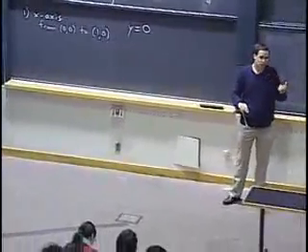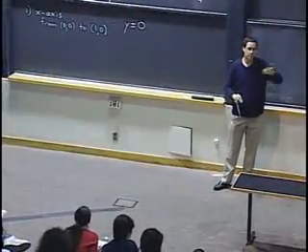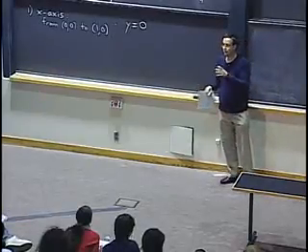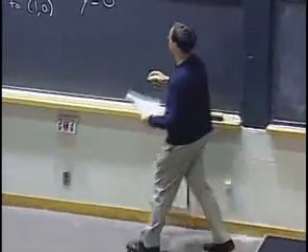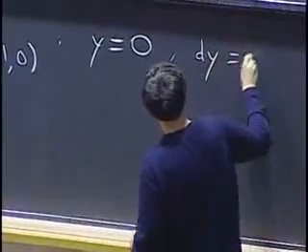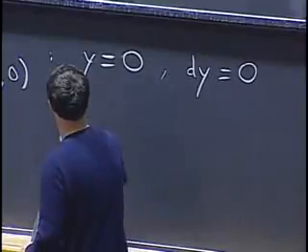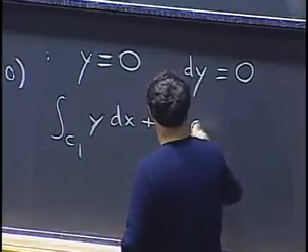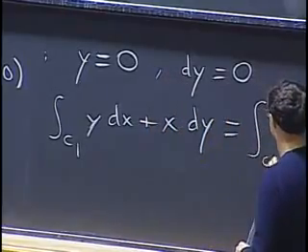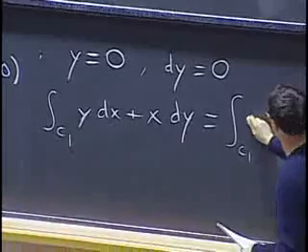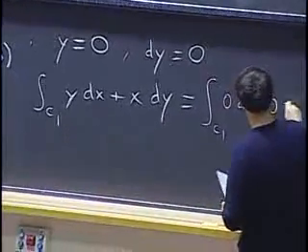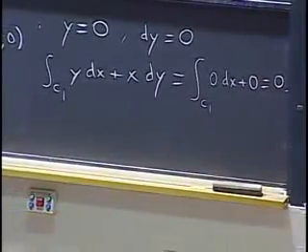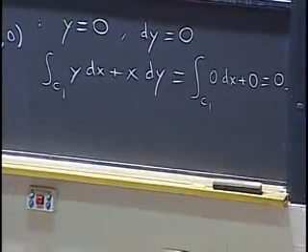Or if you prefer, you can parameterize by saying x equals t for t from 0 to 1, and y equals 0. What doesn't change is y is 0, and therefore dy is also 0. So in fact, we're integrating y dx plus x dy, but that becomes 0 dx plus 0, and that's just going to give you 0. So the line integral here is very easy to compute.